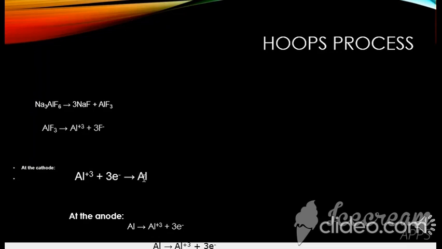The aluminium we get with the help of Hoope's process is 99.99% pure. You can say this is 100% pure aluminium.